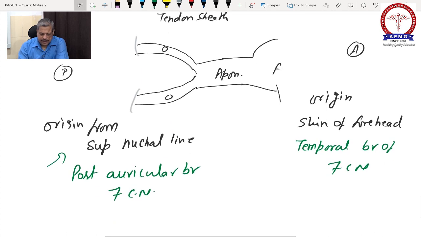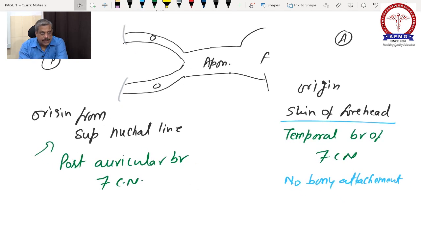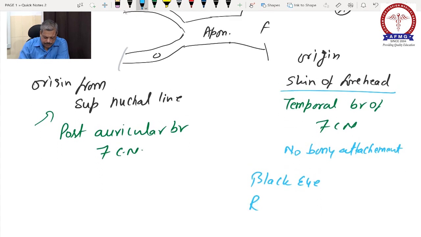There is one disadvantage, because this muscle has no bony attachment. It is arising from the skin of the forehead. If injury occurs in the frontal belly, blood will settle down around the orbit, and it will lead to the black eye or raccoon eye.